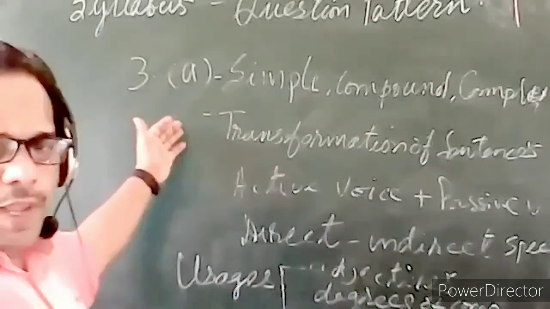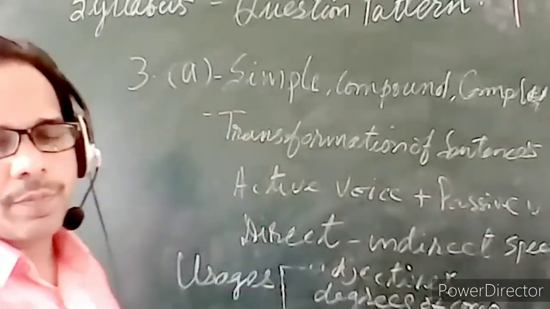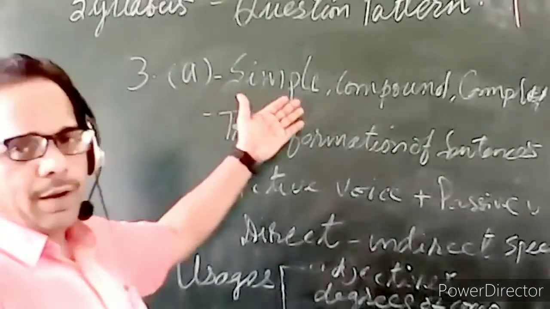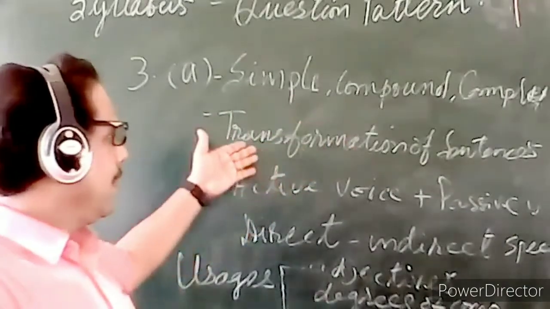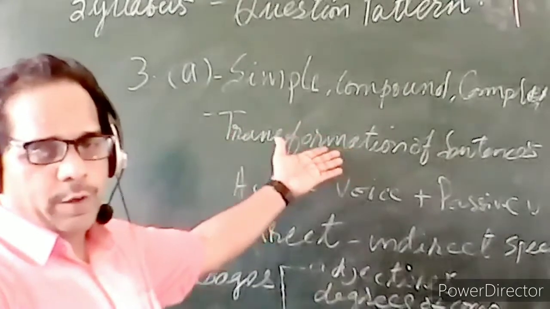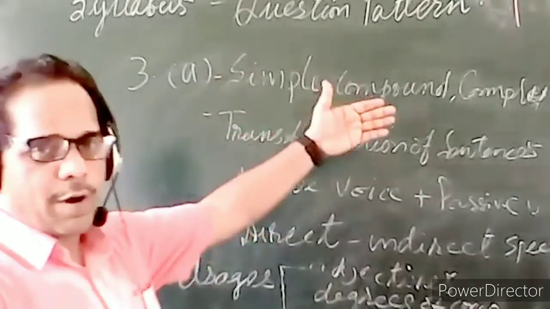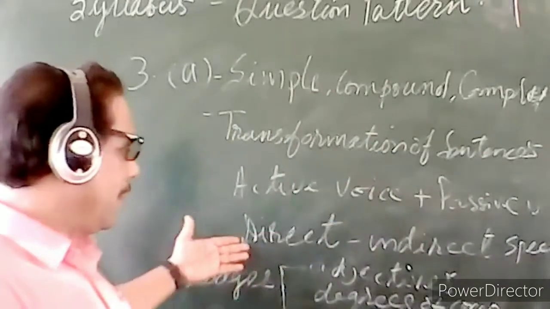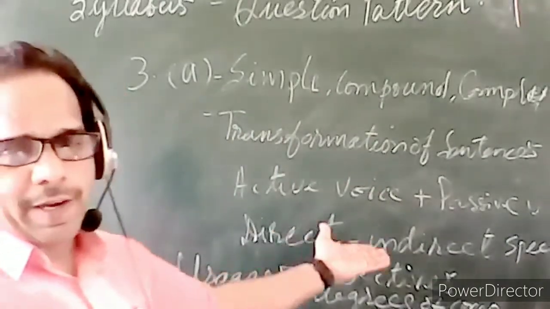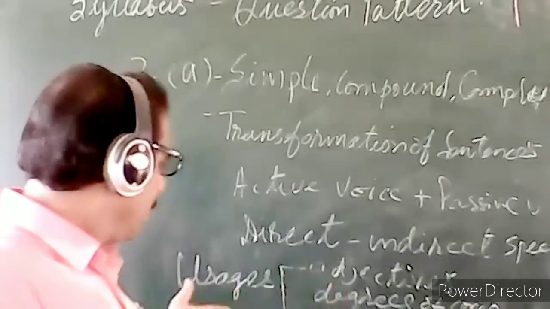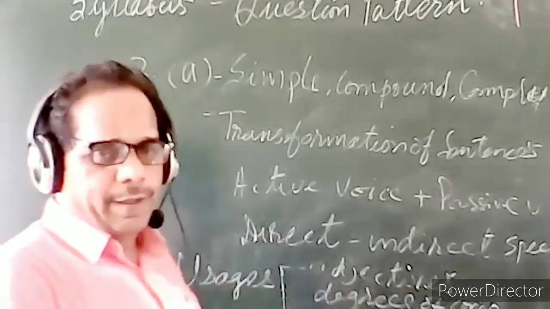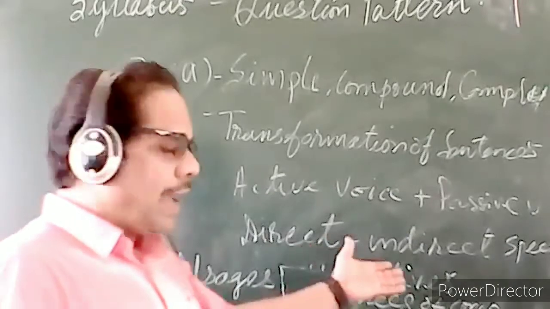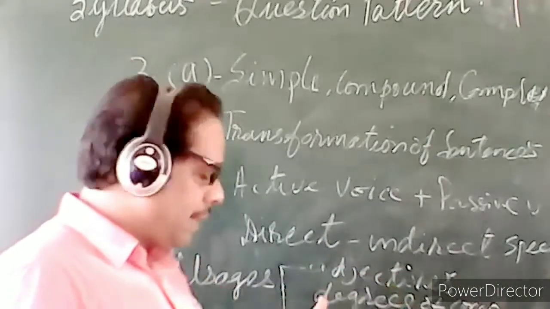So these are the main things that will appear in question number 3A. Simple, compound, complex sentences and transformation of sentences from one to another. Then active voice and passive voice, direct speech and indirect speech. Then usage of adjectives and degrees of comparison.